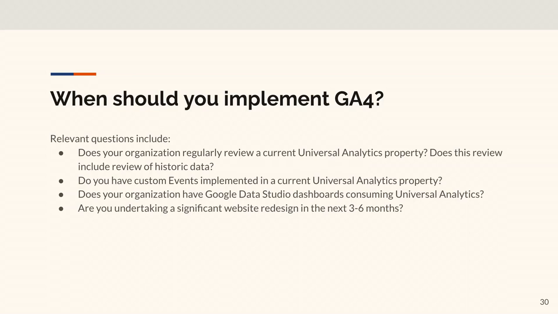But right now you're not going to be able to do that. Do you have custom events implemented in your current Universal Analytics property? Well, then you want to keep track of those and get those over into Google Analytics 4 so they're being tracked. Are you using Google Data Studio dashboards consuming Universal Analytics? Data Studio can consume Google Analytics 4, but you're going to have to update all of your reports.